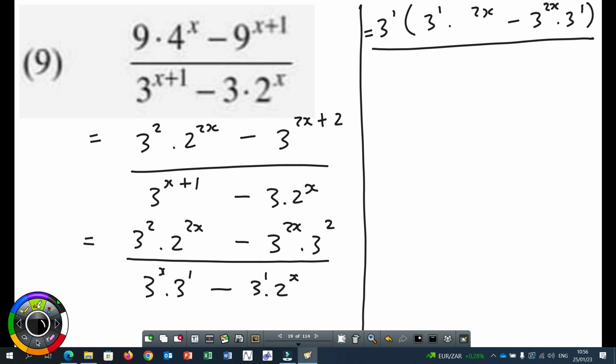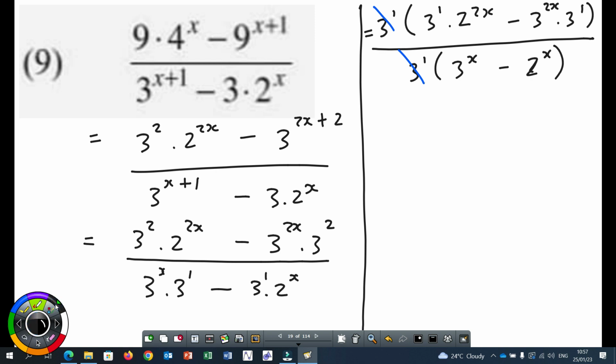That's a 2. So in our denominator, I can take out 3 to the power of 1. Then I'll have 3 to the power of x as my binomial factor, and 2 to the power of x as my second term of the binomial factor. Once I do that, these 2 can end up cancelling out. Those 2 can cancel out.